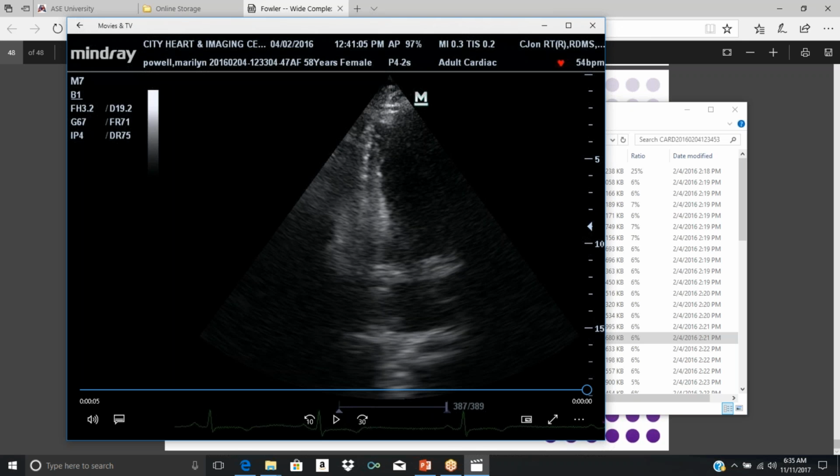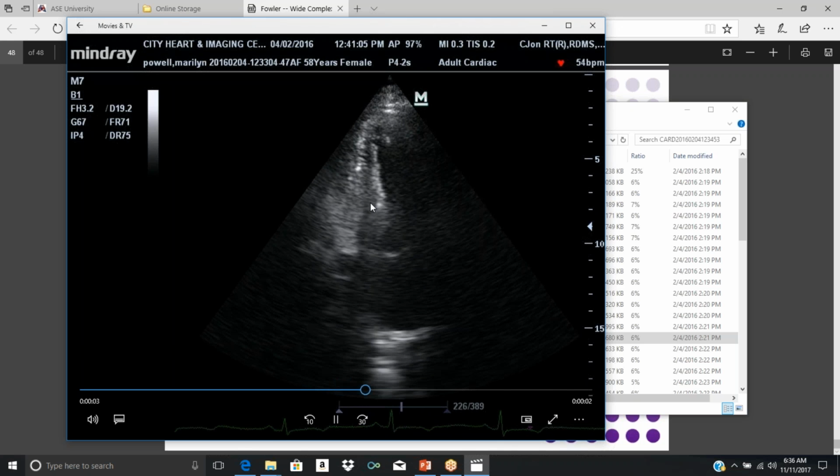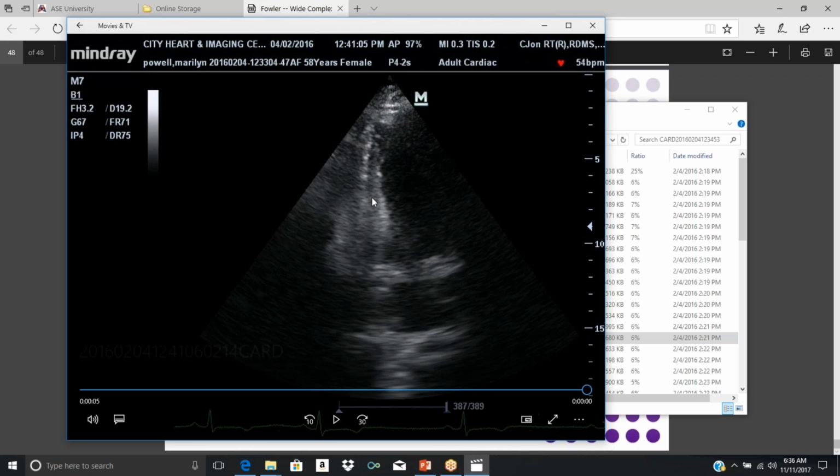You look at the screen, and these are very fine, delicate movements. You will know once you get the image, you'll see it on the screen. So this is your apical 2-chamber view. The inferior wall is right there, and this is your anterior wall.